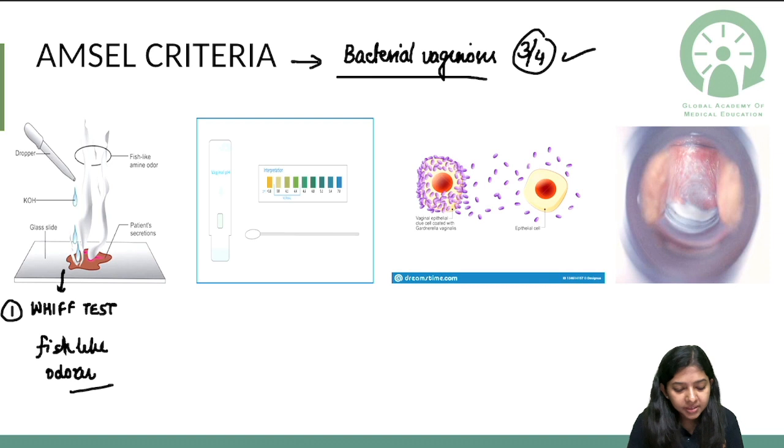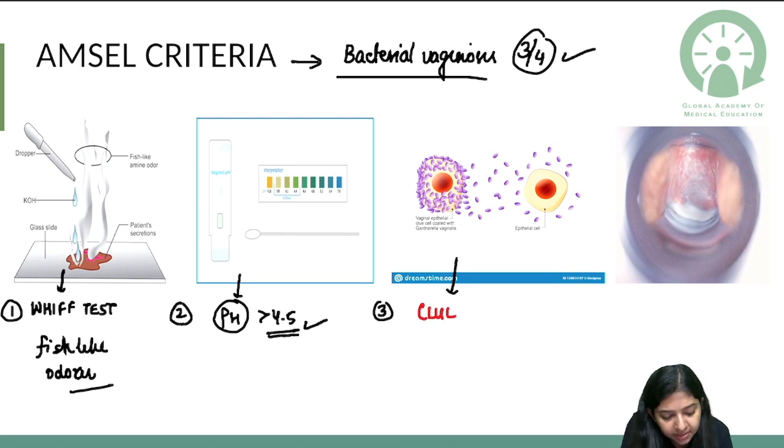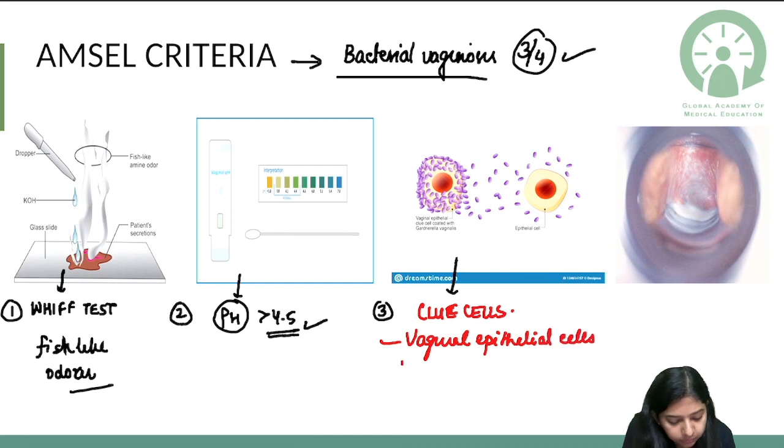Right? What is this? You have to measure the pH. If pH is more than 4.5, then it's another criteria. Then you get what we talked about, clue cells. What are clue cells? These are vaginal epithelial cells coated with Gardnerella vaginalis.